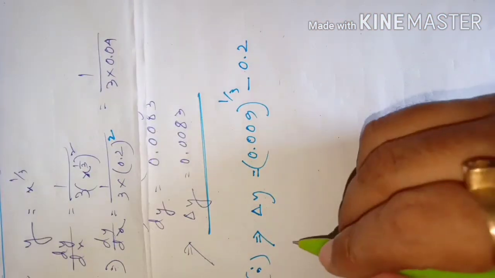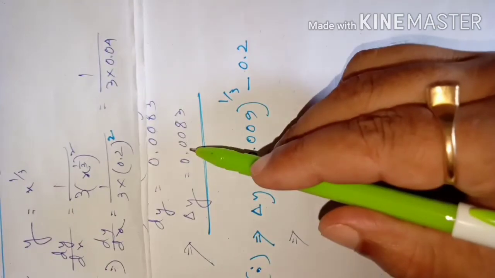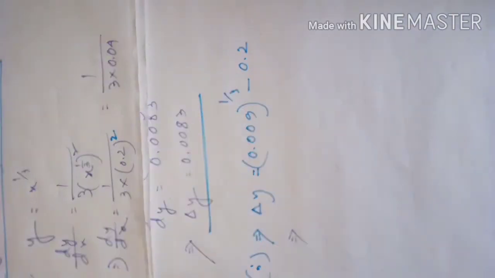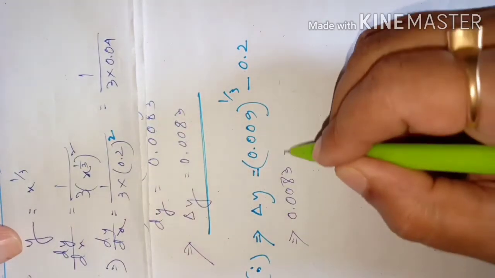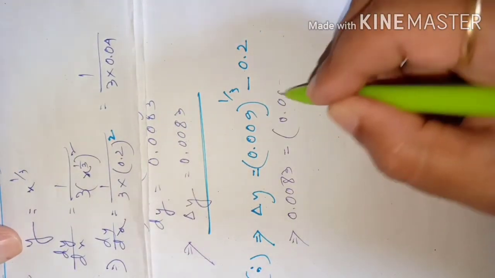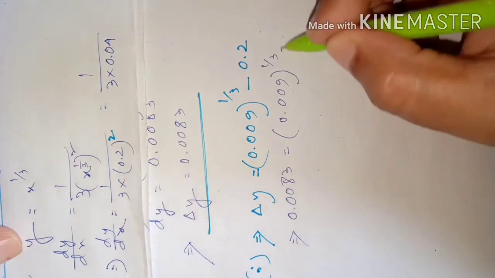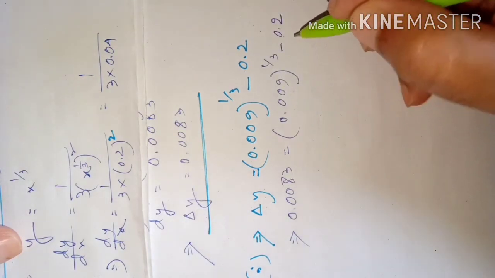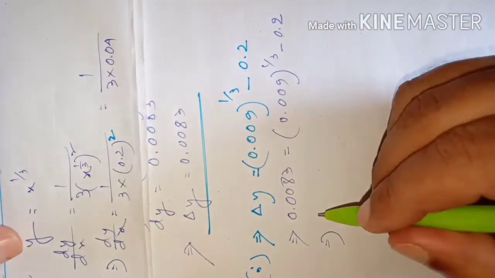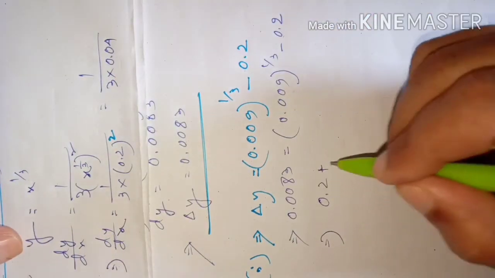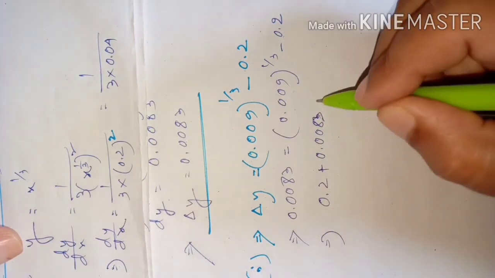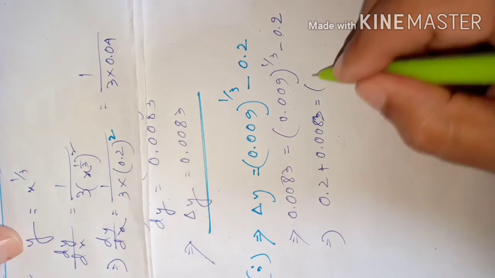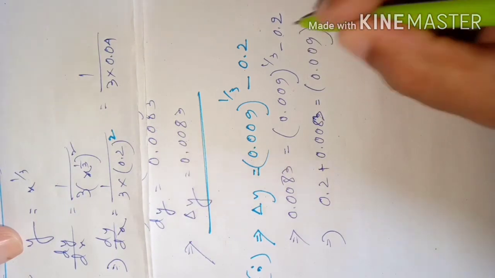Here this delta y we can replace by its value, 0.0083, so 0.0083 is equal to 0.009 raised to the power of 1 by 3 minus 0.2. Dear students, this 0.2 we transpose to this side, so it will be 0.2 plus 0.0083 is equal to 0.009 to the power of 1 by 3.